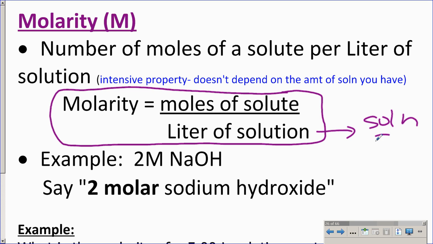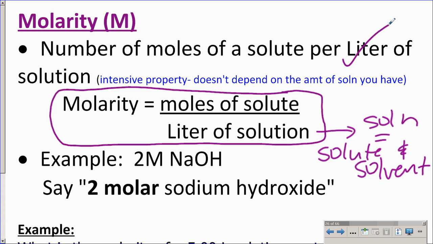Solution is equal to solute and solvent, but usually we're given that value because it's hard to always add them up or calculate it ourselves. This mathematical way of writing it is the same as the definition. You do not have to write both of them. Like I said, this is quick so we can do practice today.